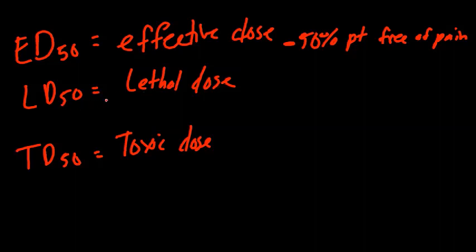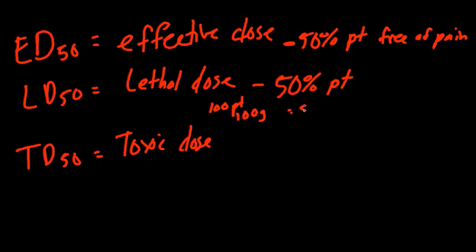Likewise, let's talk about the lethal dose 50. What dose of a drug is required to kill 50% of the patients that take it? So let's say the lethal dose 50 is 100. If our lethal dose 50 is 100, we give 100 patients 100 grams of this drug.